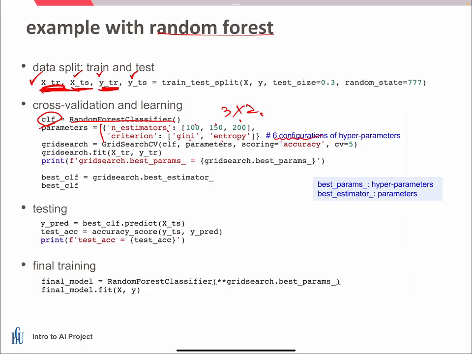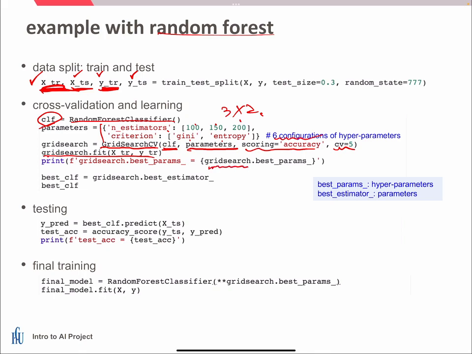Okay, and then we want to know which configuration is the best. So we have grid search cross validation. We call this function passing this model with this parameter set, and we're going to use accuracy, with 5-fold cross validation. Okay, and then we train, and we get the results here.